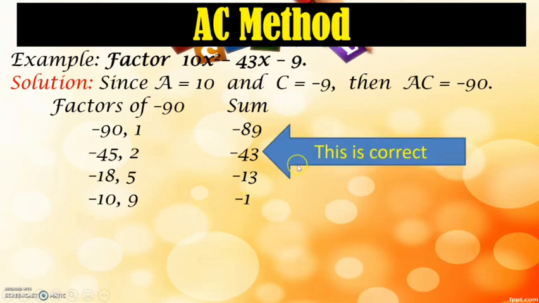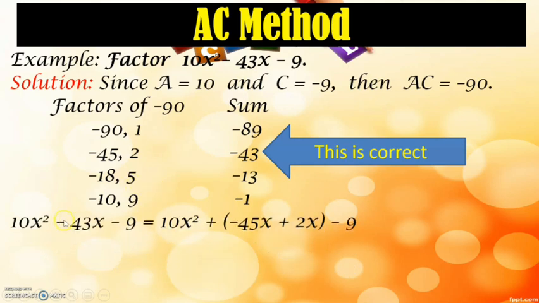And this is correct. Why correct? Because we have negative 43, which is the value of B. So we're going to use the factors negative 45 and 2 to substitute for negative 43.